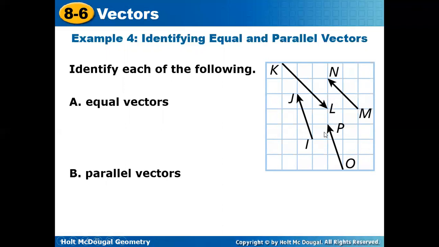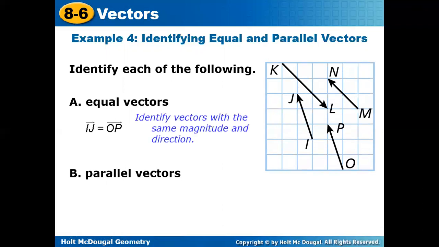So here, IJ and OP are equal because they have the same magnitude and they are parallel, meaning they have the same directions. You can write the two equal vectors, IJ and OP. Also, you can write the other pair, KL and MN.